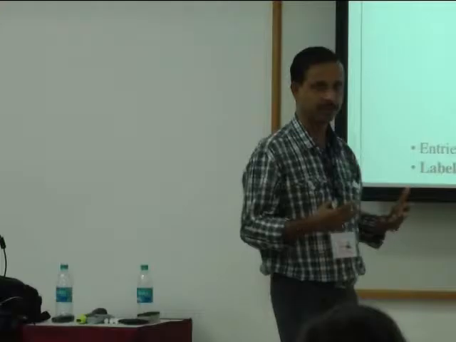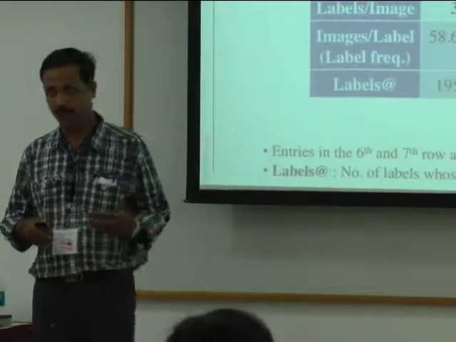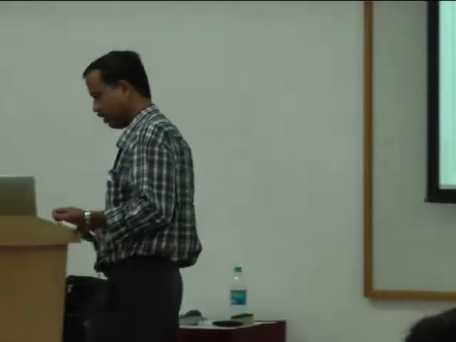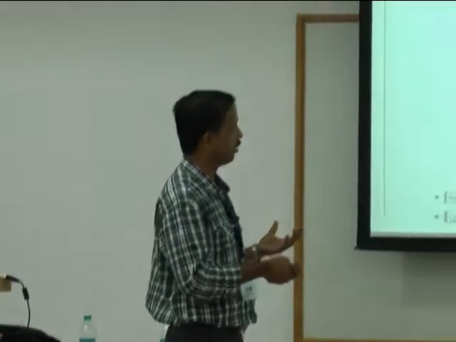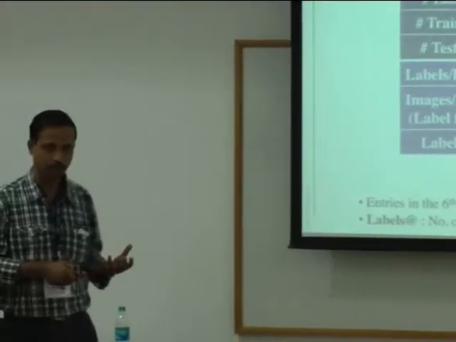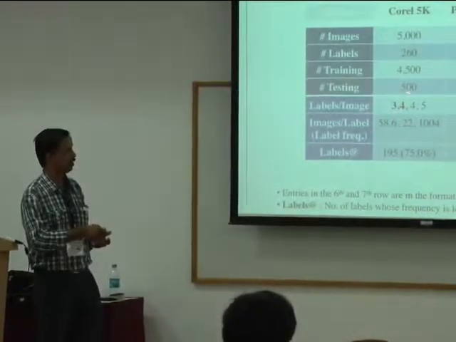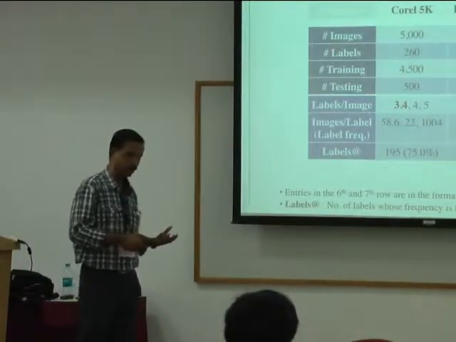A single image may have multiple objects. If you look at a data set like Pascal, it's mostly one object or one annotation present, or at max 2 or 3, very few annotations per image. While if you look at Corel, which is popularly used, that has far more annotations or labels per image.